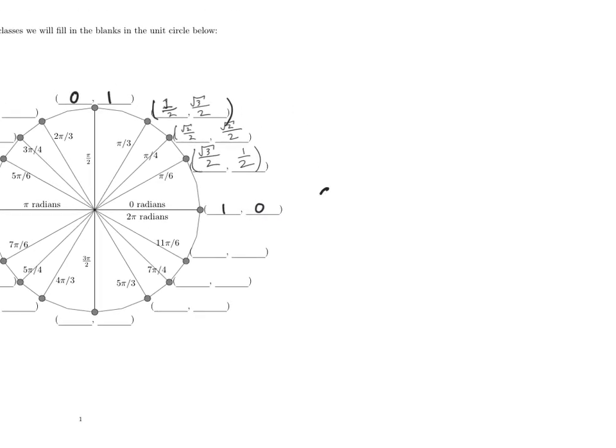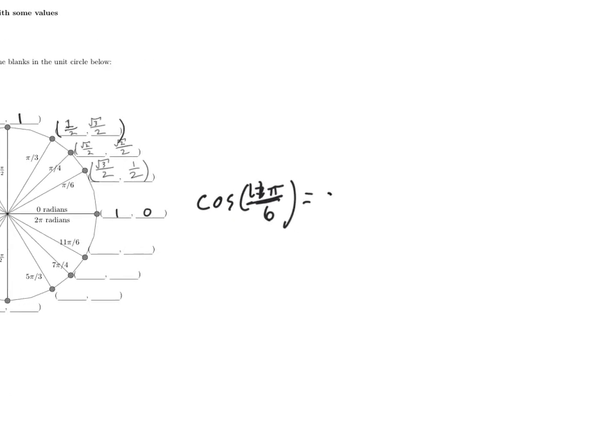So let's try to compute cosine of 11 pi over 6. Notice that's the exact same thing as the cosine of 12 pi over 6 minus pi over 6. All I did there is notice that 11 pi over 6 is really close to 2 pi, so let's write it as 2 pi plus or minus a little bit. And that's what you get.